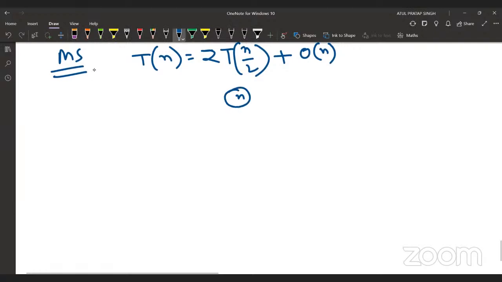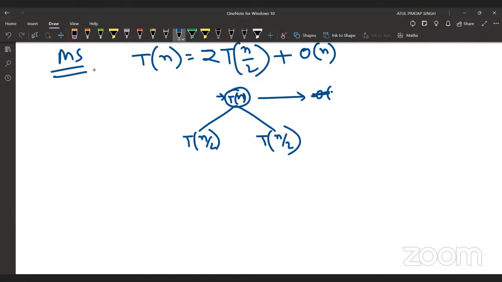So this is T of n, and then now T of n by 2, and we will divide it. This is one problem. We divide this problem into two problems, T of n by 2 and T of n by 2, and at this initial phase, apart from this divide step, other operations take order of n time.